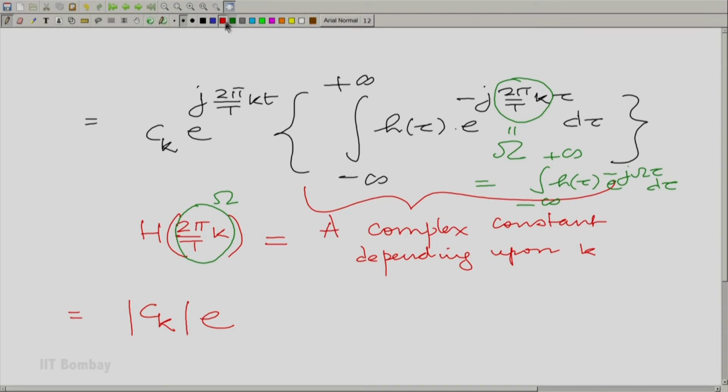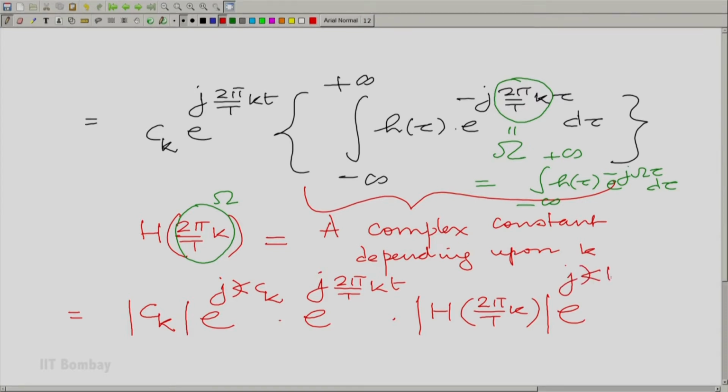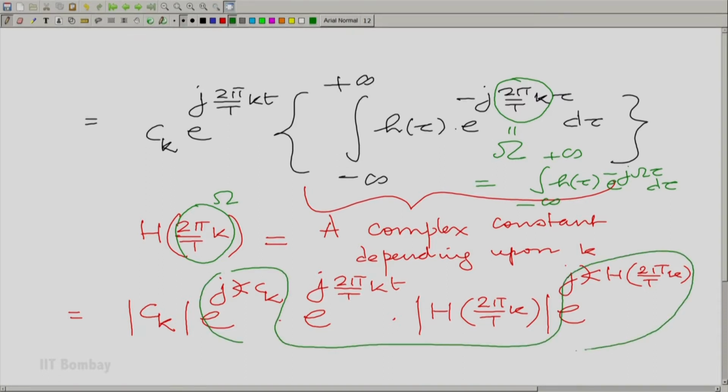So, now coming back to this expression here, you have |c_k| e^(j angle of c_k) times e^(j2π/T · kt) times |H(2π/T · k)| e^(j angle of H), the same thing. So, you notice that these angles add, and magnitudes multiply.